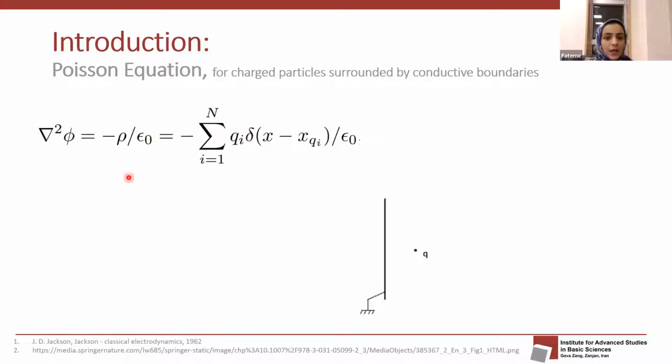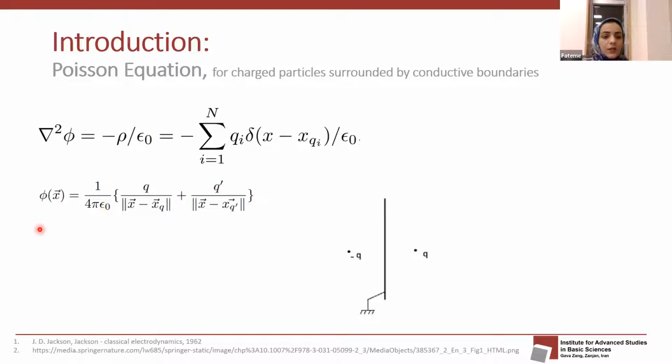Okay, but the problem is when we have a charged particle near a conductive plate. This conductive plate acts exactly like a mirror. So we have the same amount of charge on the opposite side of our plate with opposite sign.